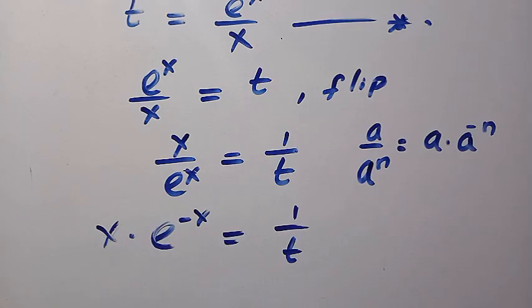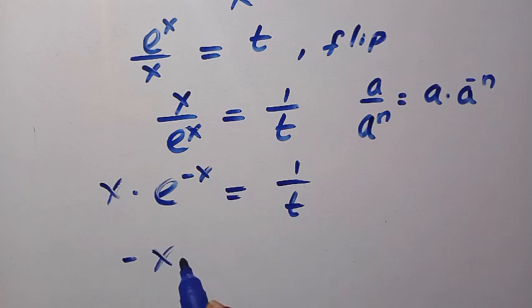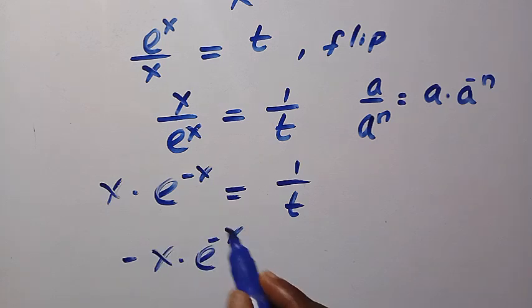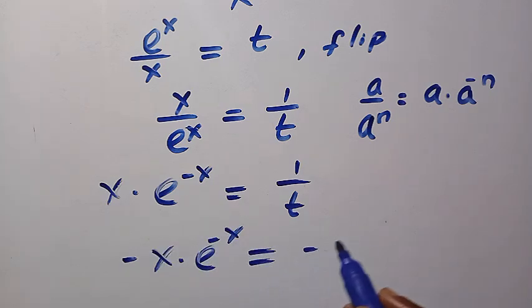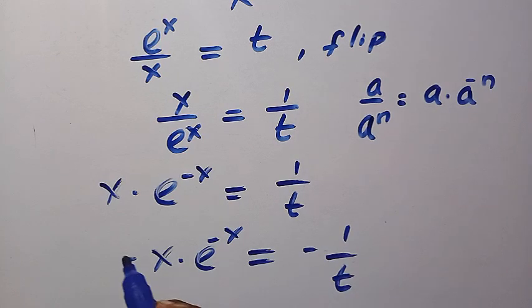At this point, suppose I introduce a negative to both sides. We have minus x multiplied by e raised to the power minus x equals minus 1 divided by t. Why is this negative here? I want to apply a function called the Lambert W function, or you can also call it product log.